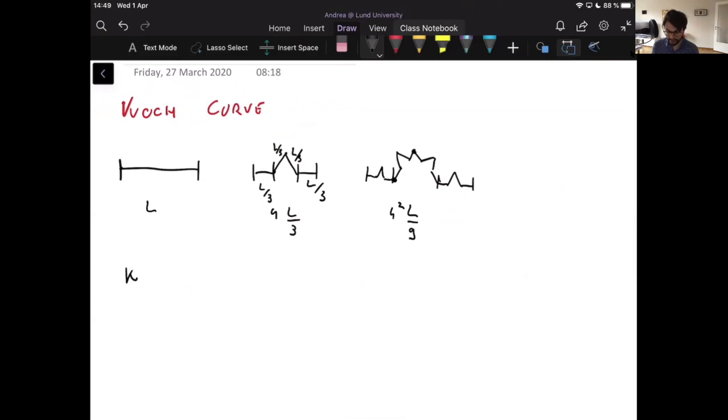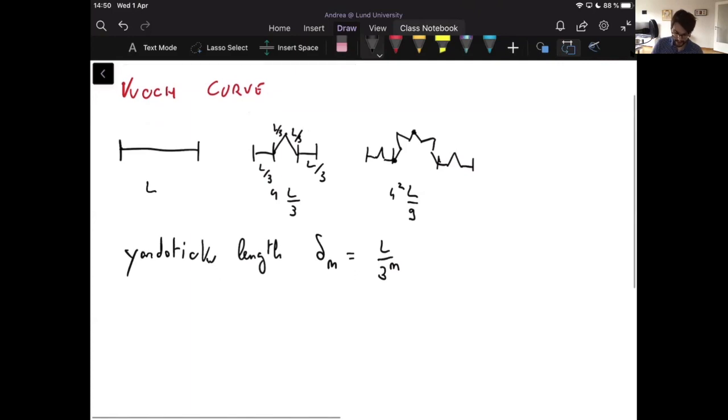So if you do it with a smaller yardstick, in principle even an infinitesimal yardstick, then the yardstick length is this, delta n equal to L divided by 3 to the n, okay?